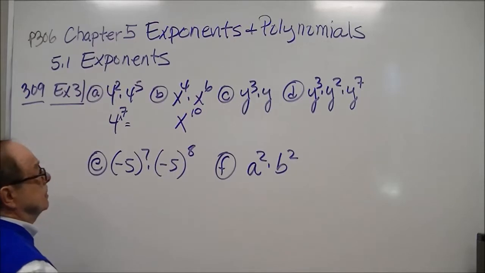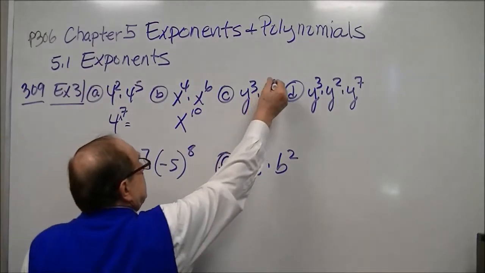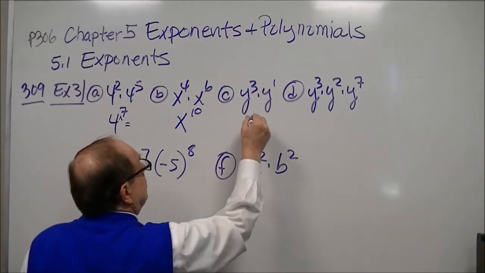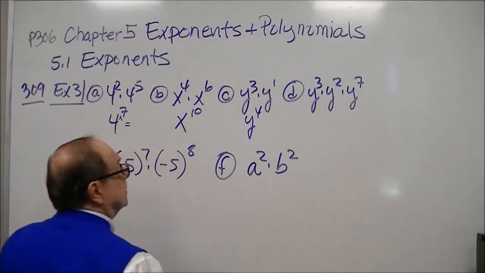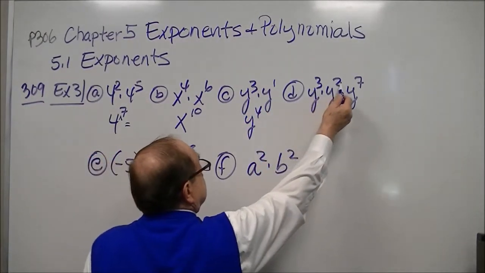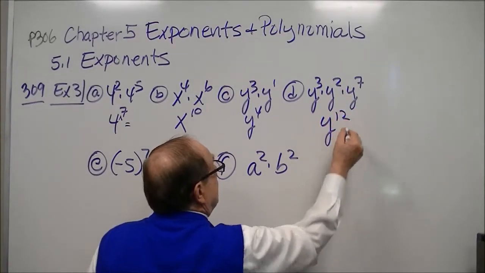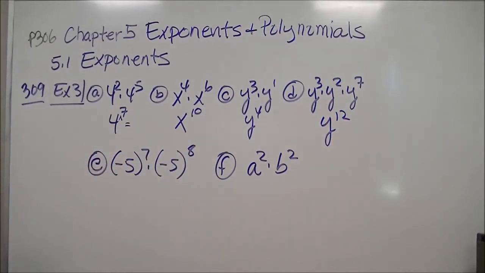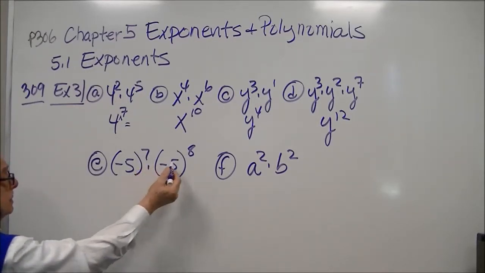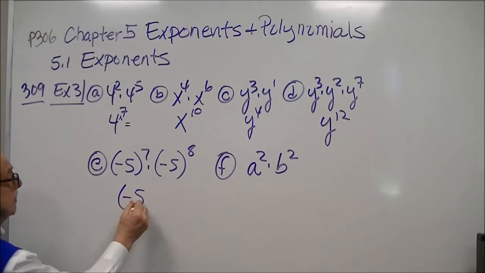Just add your exponents. Keeping in mind there's a 1 there, y to the 4th. Here is 3 plus 2 is 5, plus 7, y to the 12th. Now again, your bases are the same, you're just going to add exponents.